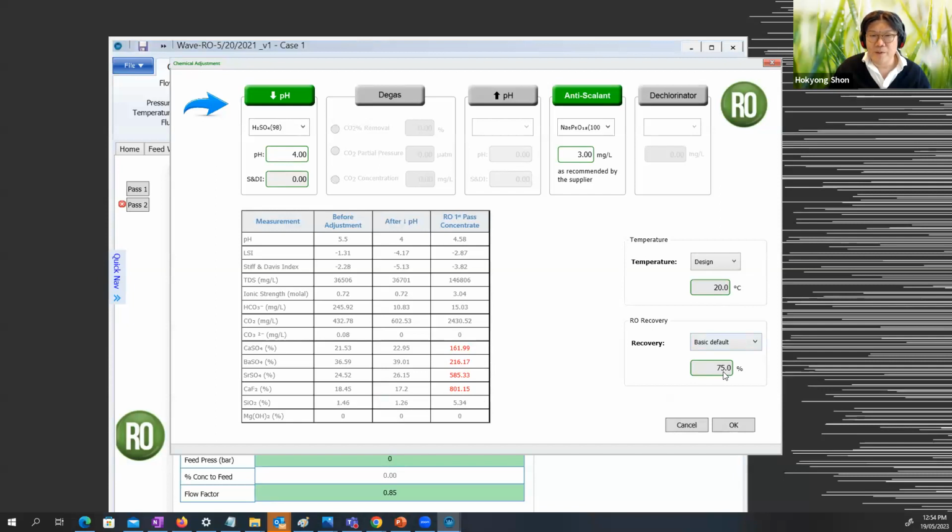We may have a lower recovery. Based on this pH, we can put some more anti-scalant, maybe 10 milligram per liter.